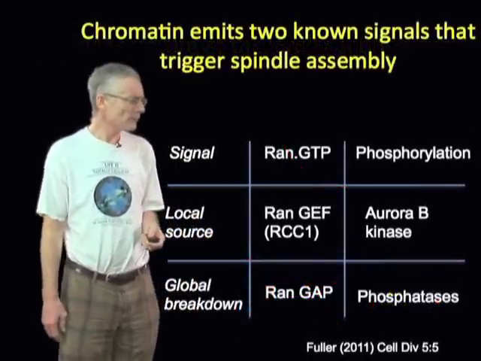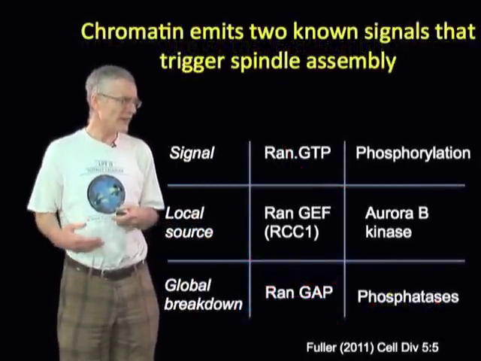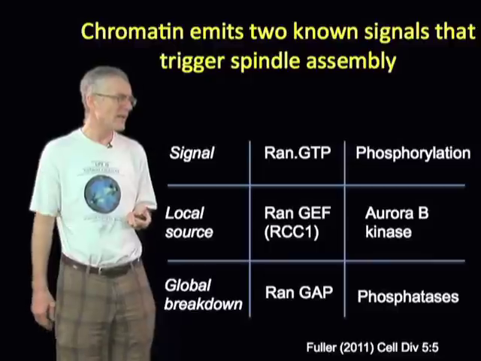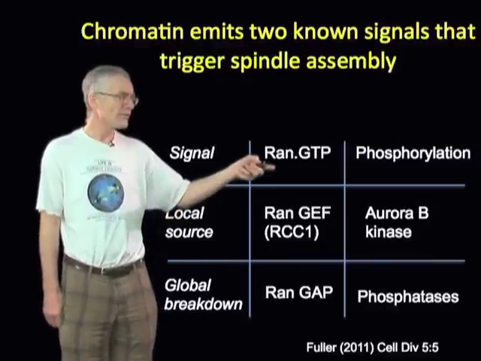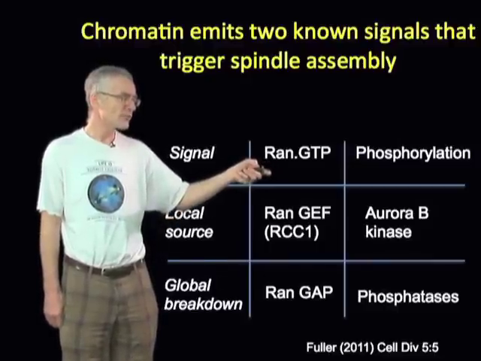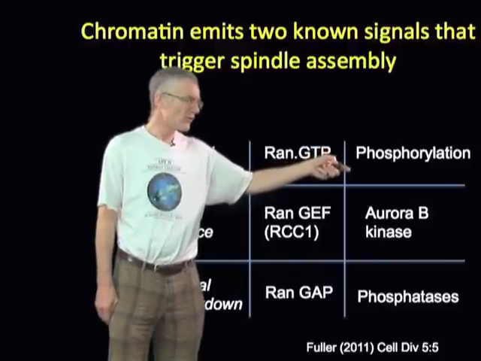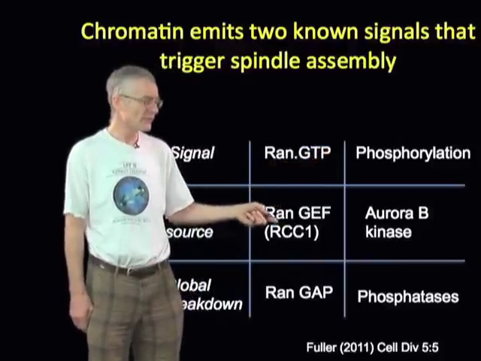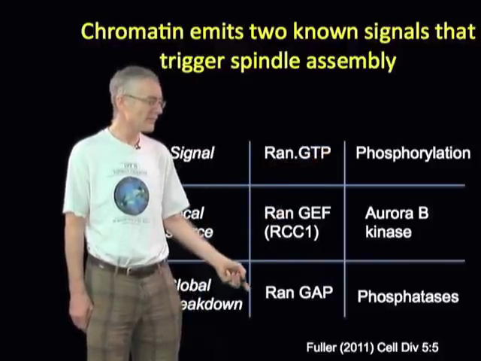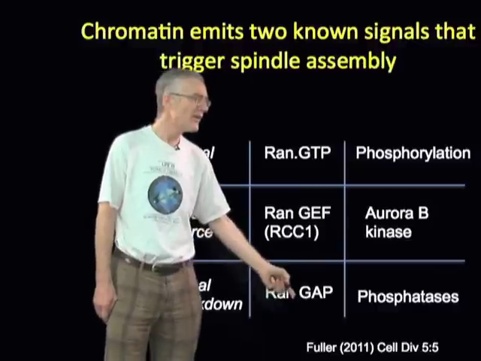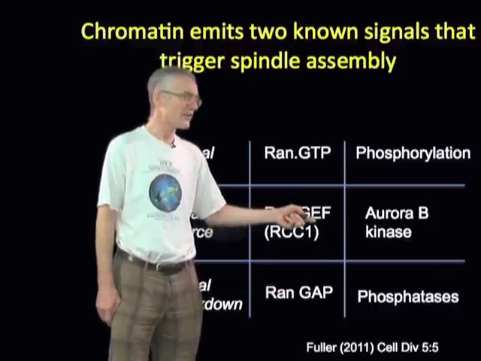So I won't go into all the history of this. We actually now know of two signals emitted by DNA. One is a small GTPase Ran in the GTP form. Another is protein phosphorylation. The Ran signal is created by a Ran-GEF and then broken down locally on the chromosome by a GAP. This is a GTP exchange factor.